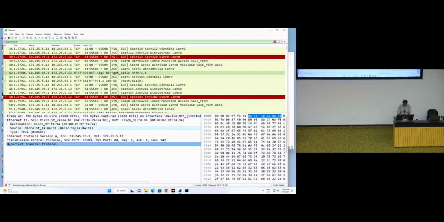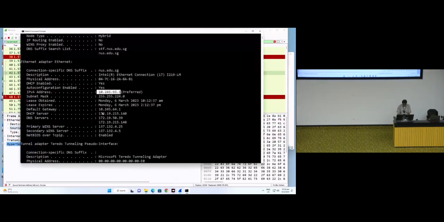So let's go double check that. If I go here, and you look at my Ethernet adapter, this is just using ipconfig/all, and you look at this address here. This address is the physical address of my Ethernet network interface.